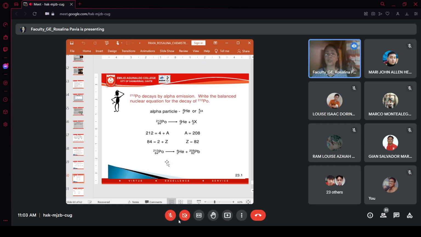Diba kasi nagva-vary ang neutrons, kaya nagva-vary din yung atomic mass. So the element here should be 82 lead 208. Naintindihan nyo? Class, just consider the atomic number tapos add lang kayo para mag-reaction. Naintindihan?